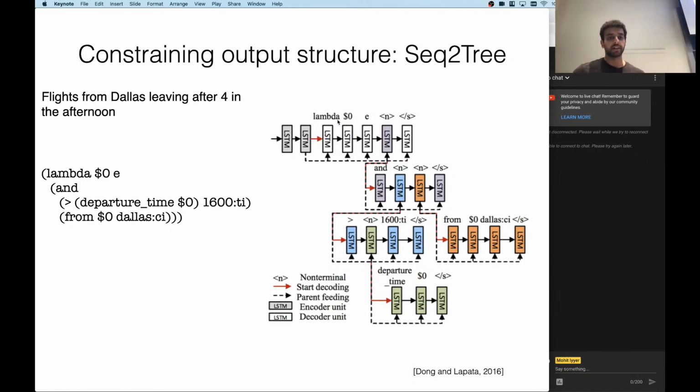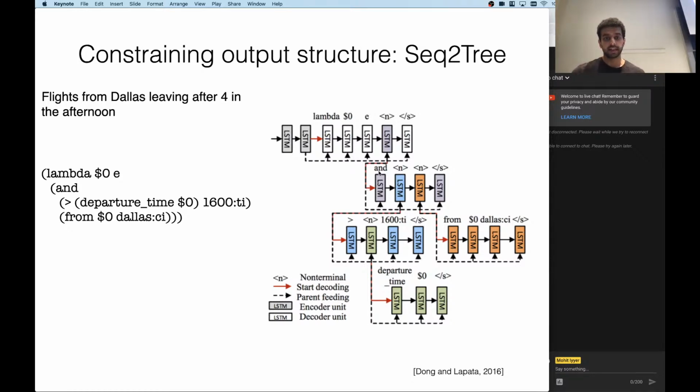So you generate the first level here, and then you see that there's this kind of blank or filler token, this N here. Every time you produce one of these N tokens, this is now used to initialize another pass of the decoder where you generate what goes into that filler token.